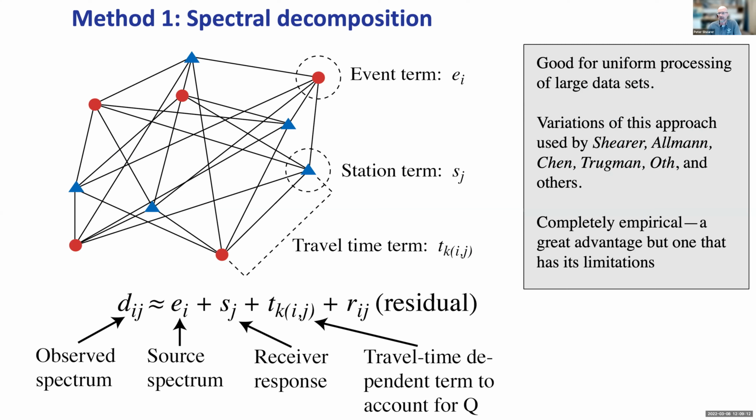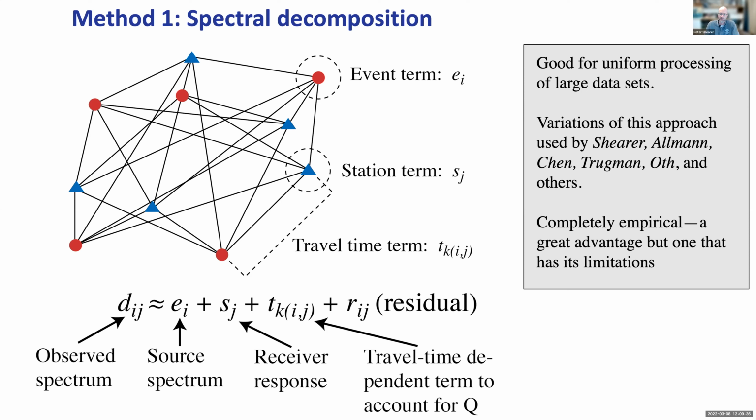So, an approach that I like and I've used for a number of years, we call spectral decomposition. And this is good for large data sets in which you have a lot of sources, in this case, earthquakes, and a lot of stations.